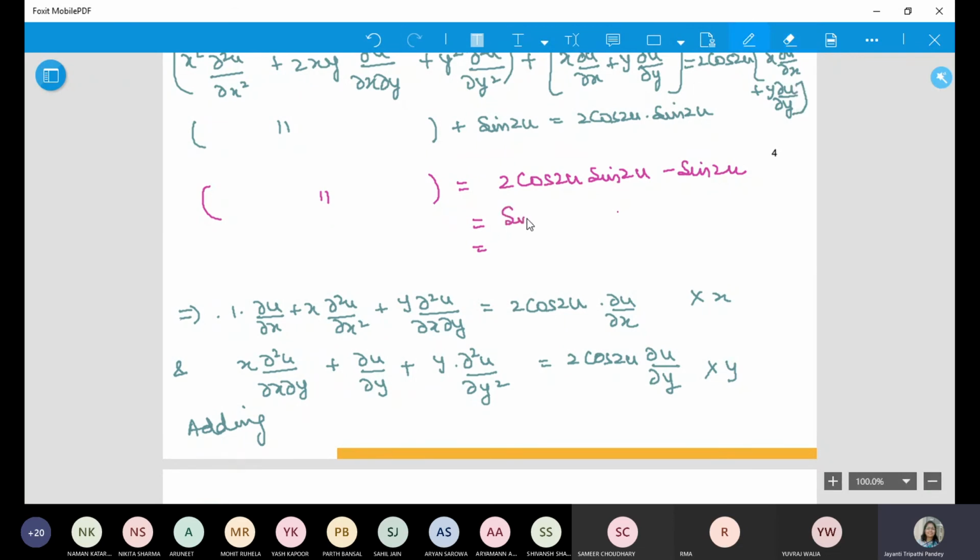Instead of extending, we can write it as sin 4u minus sin 2u and use the sin C minus sin D formula. What is sin C minus sin D? It is 2 cos((C+D)/2) sin((C−D)/2), so that is 2 cos 3u sin u. It's like that. Is this fine? Yes. And this was the thing that you had to prove.